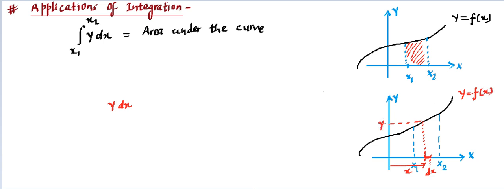Now if we take the next point, which is very close to it, this point is going to give us some y plus dy. Since I am changing x by a very small amount, the change in y will be very small. So that means we can think of this as also being almost y, or y plus some negligible amount.